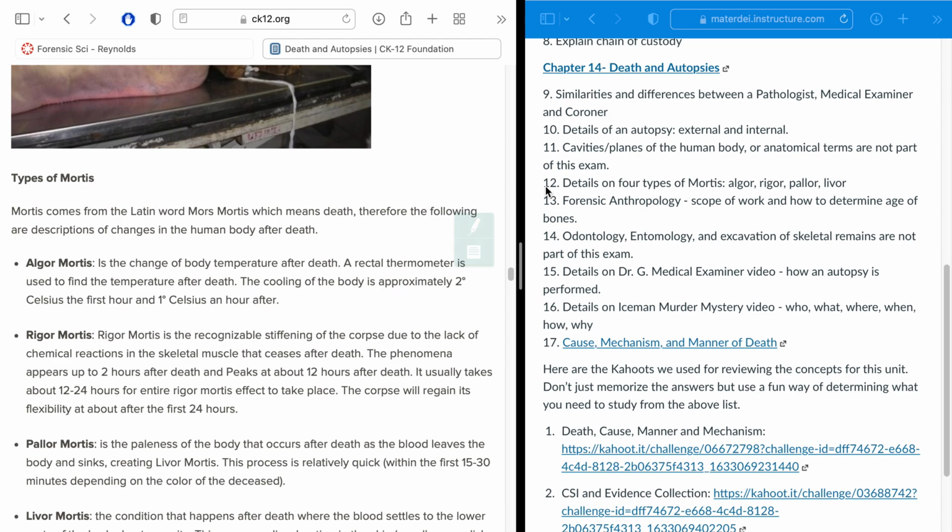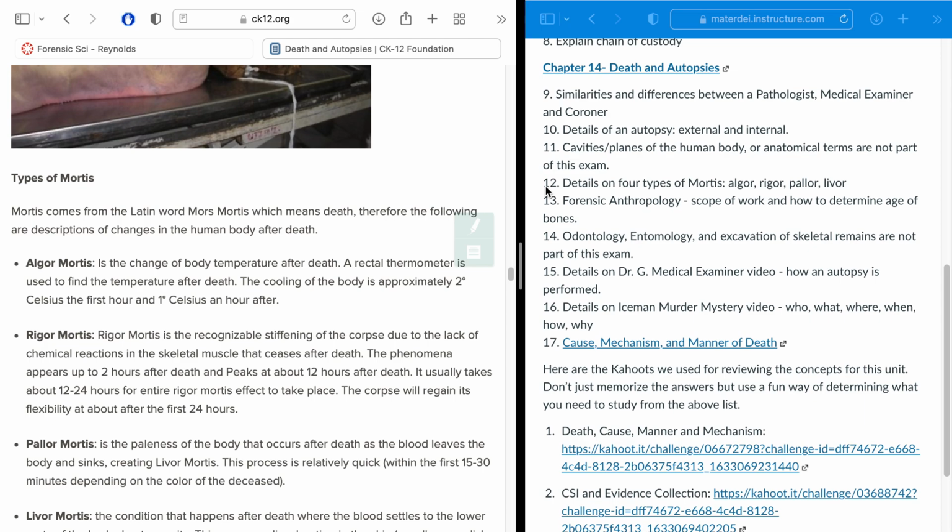The bicep pulls the arm up, the tricep pulls it down. So all of our appendages have two action muscles, but they all fire at the same time, so you can't move someone after they've hit rigor. It is this stiffening. It starts about 6 hours, they say, appears up to 2 hours, and then it peaks at 12, and then after 24 hours, we're limp again.